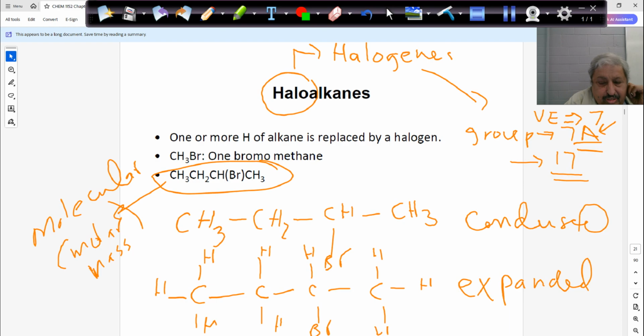Expanded, you have to show all bonding, and the condensed, you just show the bonding between carbon-carbon atoms. And the molecular one is just for the molar mass. As you see here, just condensed, no bonds. You don't write any bond, just for your calculations.